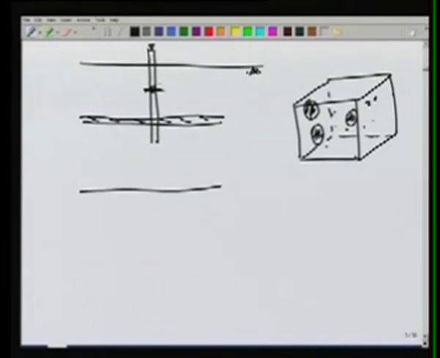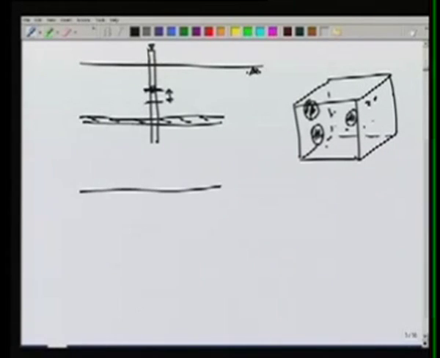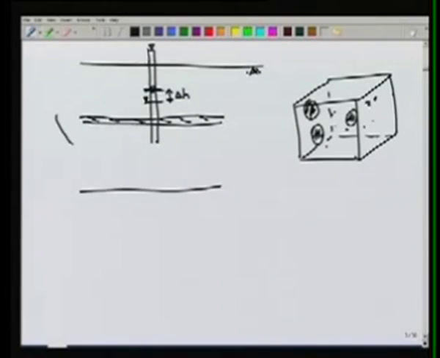Now what we want to see is how much water will come out if we lower the piezometric head by a certain amount, delta H. This lowering of the head may be because of pumping or it may be because of head drop in some other area where this aquifer is connected to.